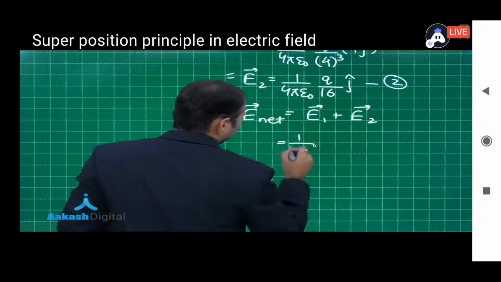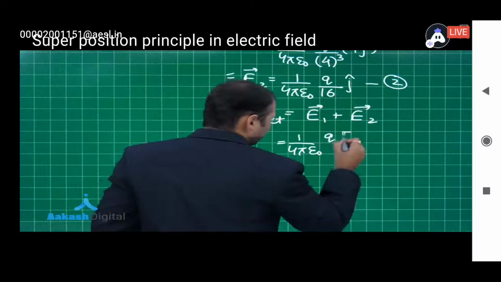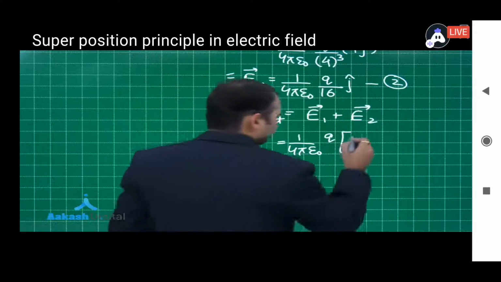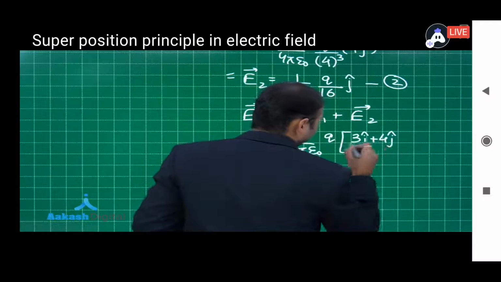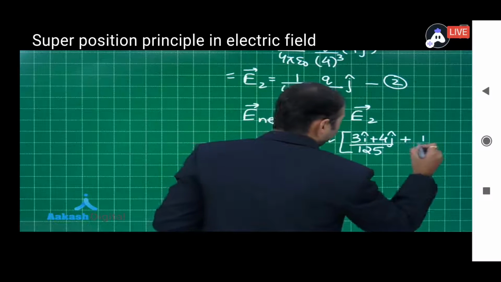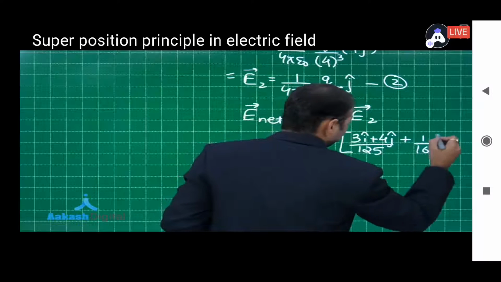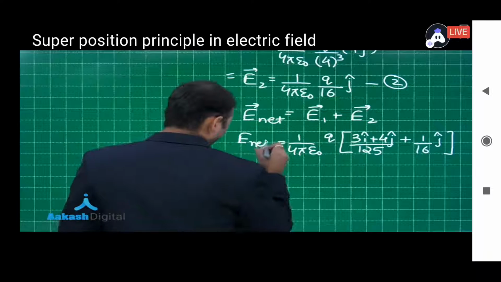I'm just taking 1 upon 4 pi epsilon naught as common. Also Q can be taken out as common. What I am left with is (3i plus 4j) divided by 125, that is 5 cubed, plus 1 by 16 j cap. So this is the net, right?